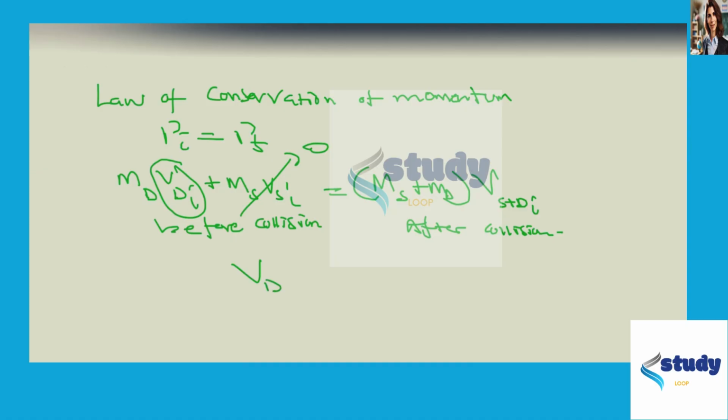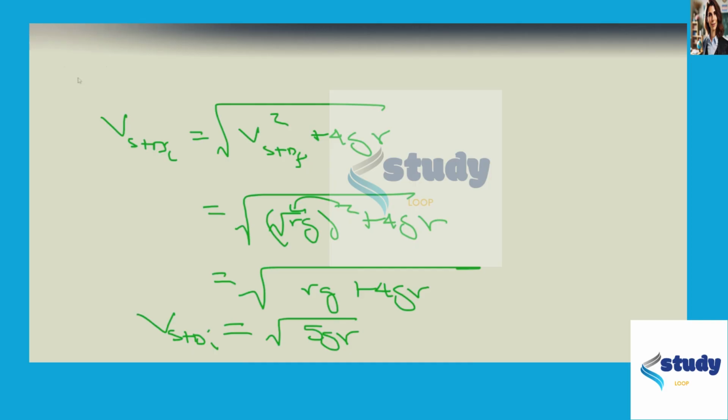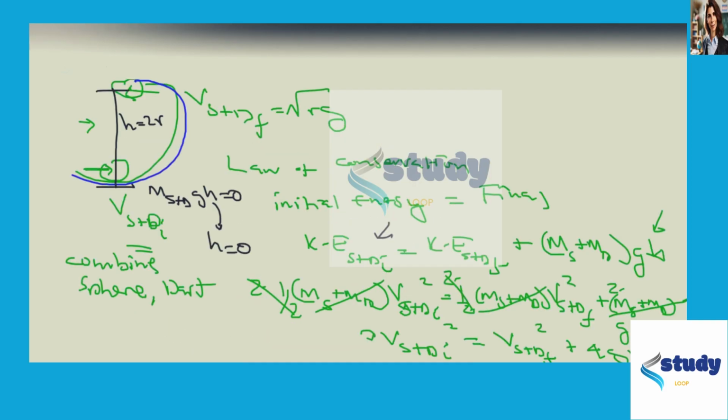So the initial velocity of the dart before they combine is the mass of that one, and the velocity of D, and the combined initial velocity. So that's the combined right here. The moment they collide, it acquires a certain velocity. We already know what the final is, and the final helped us get the initial.